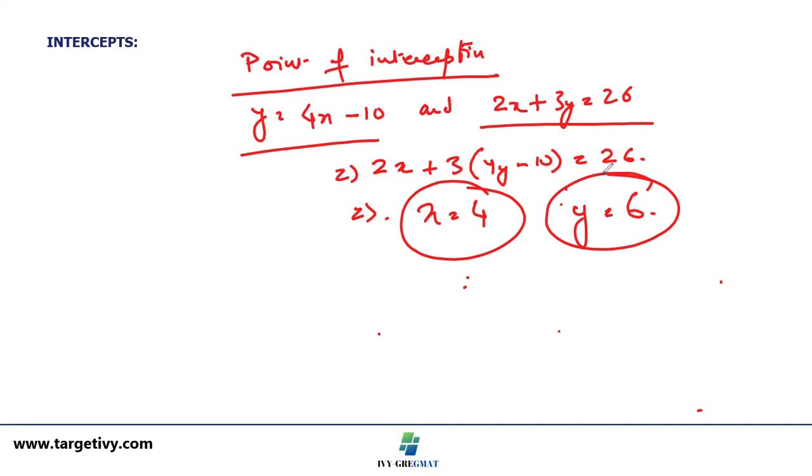So the point of intersection, or where these two lines will cross each other, is (4, 6).